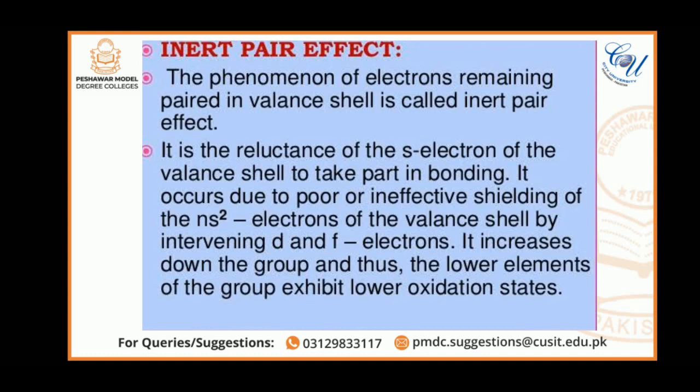It occurs due to poor or ineffective shielding of the ns2 electrons of the valence shell by intervening d and f electrons, and it increases down the group. Thus, the lower elements of the group exhibit lower oxidation states.